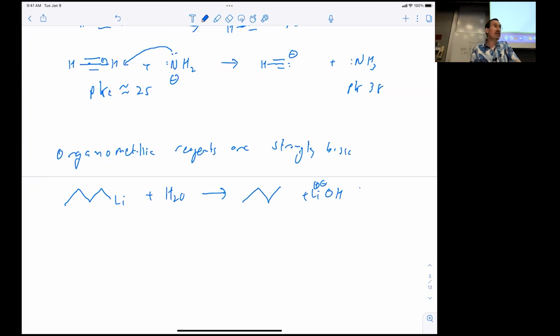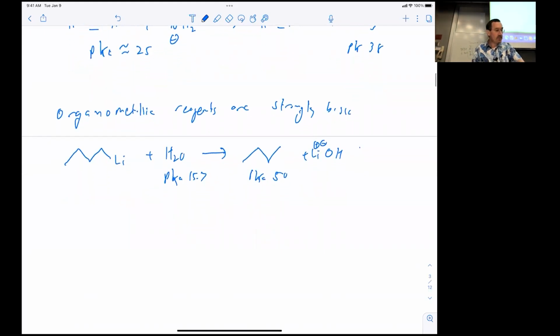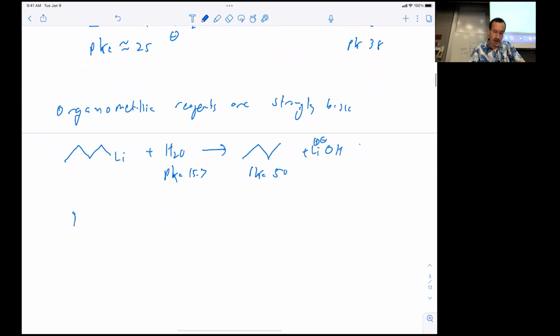And if I want to think about the pKa's and why I'd write this reaction, I say, okay, water has a pKa of 15.7, whereas a carbon-hydrogen bond in an alkyl group, an sp3 hybridized carbon, has a pKa on the order of 50. This gets us into thinking a little bit more about generating organometallic reagents.